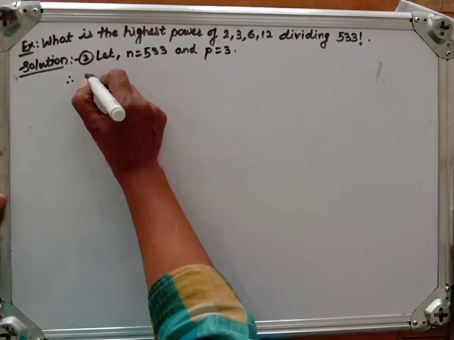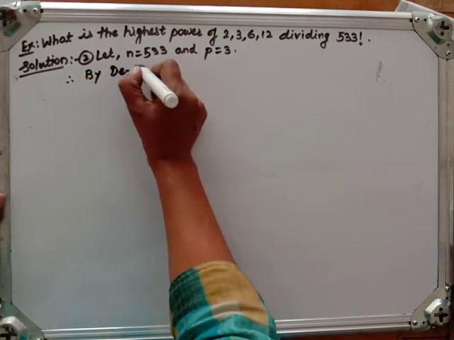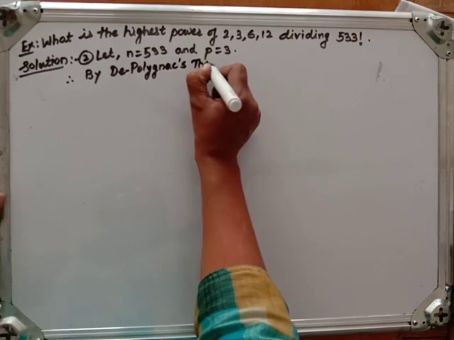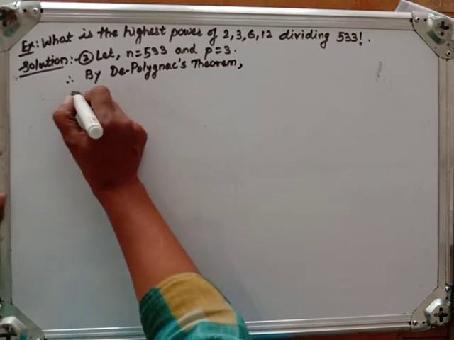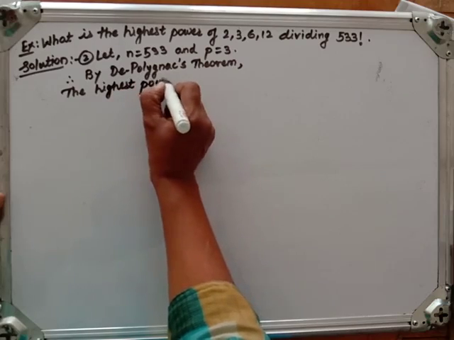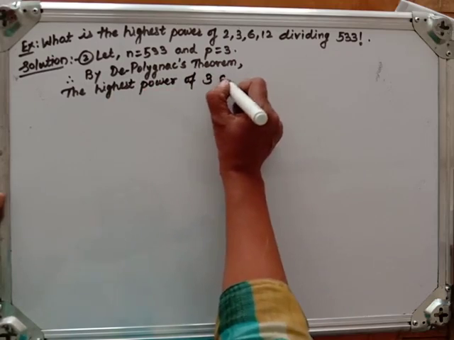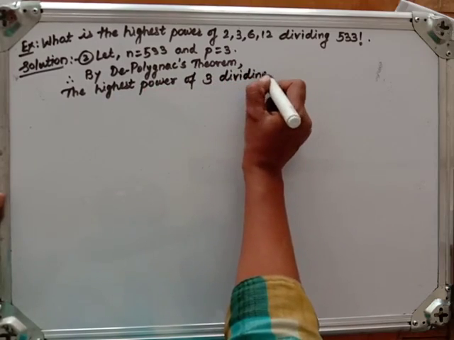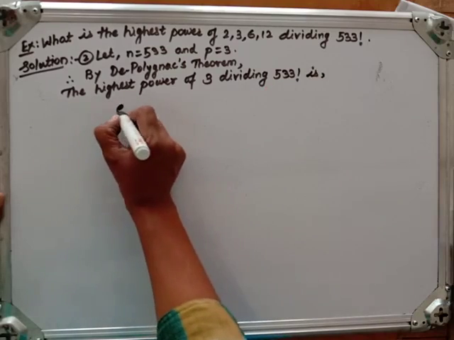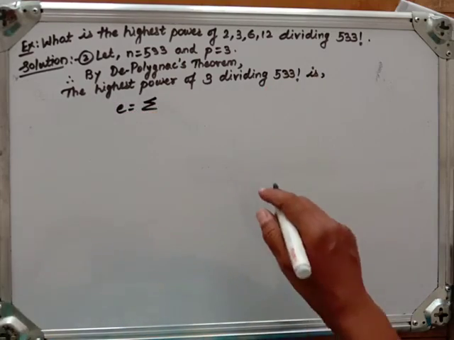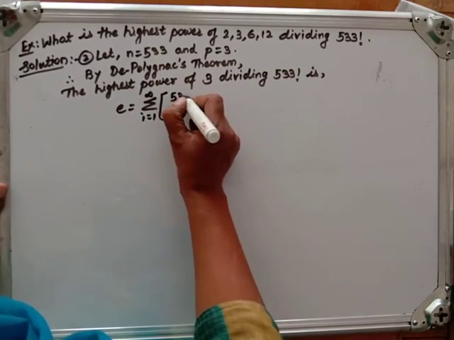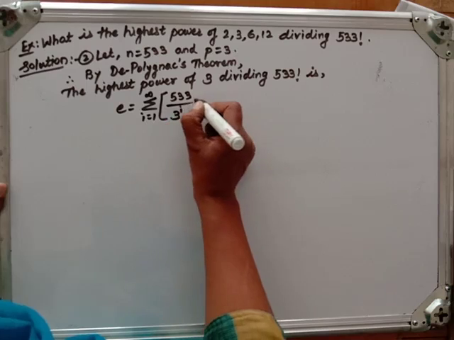Therefore, by, you can mention that theorem also, De Polignac's theorem, the highest power of 3 dividing 533 factorial is E equal to summation i from 1 to infinity, 533 upon 3 raised to i.